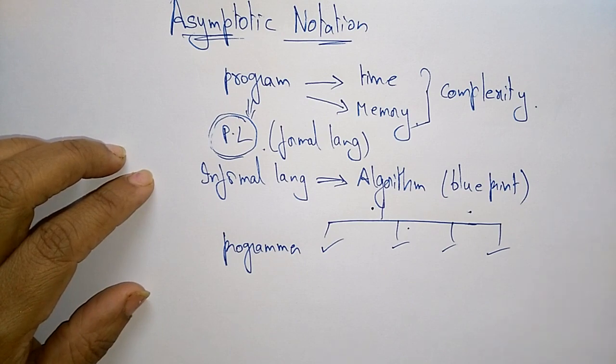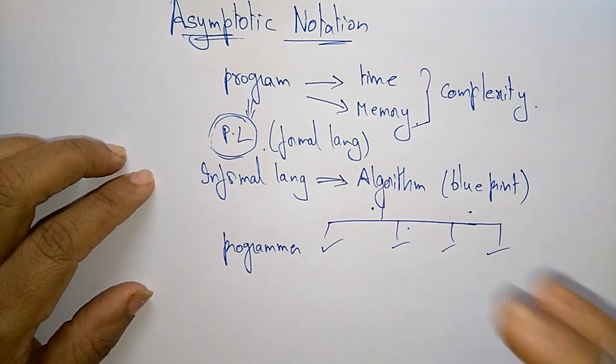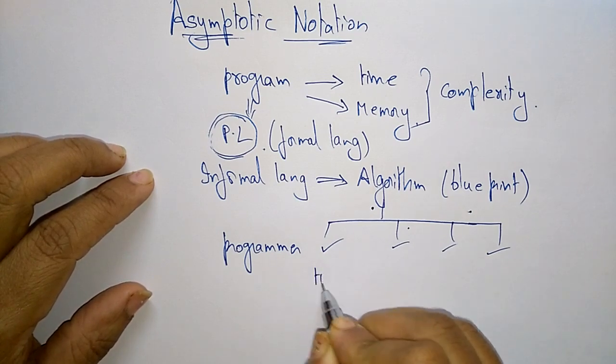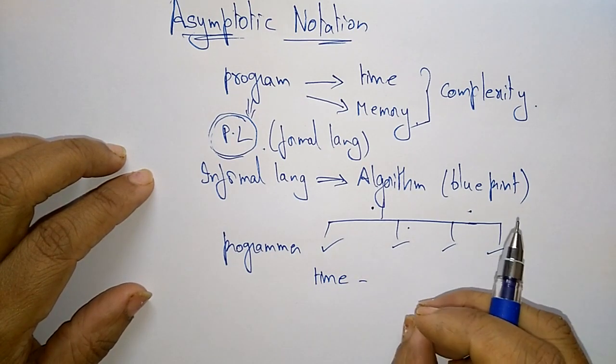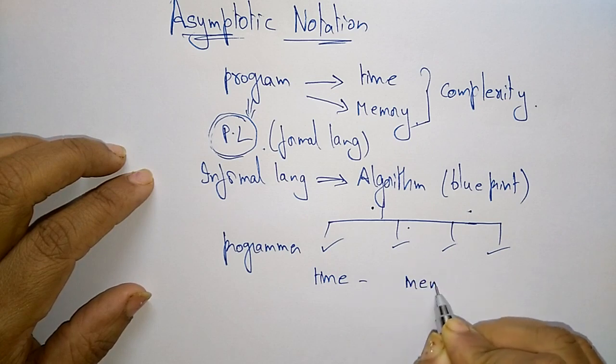How can we say which algorithm is best? This will be analyzed based on the time it takes to complete the program and the memory that it occupies.